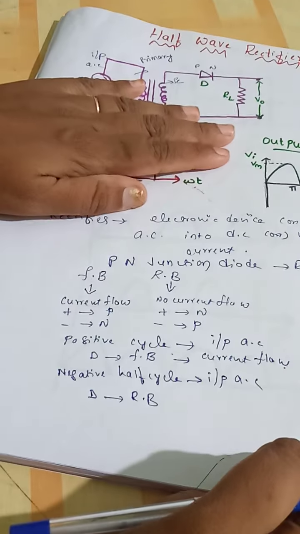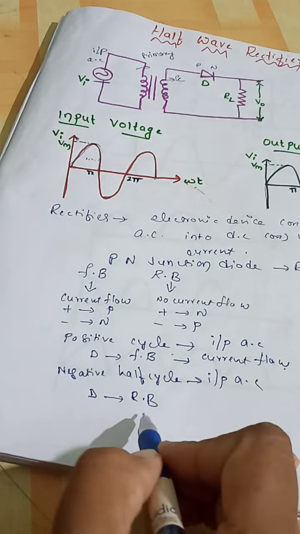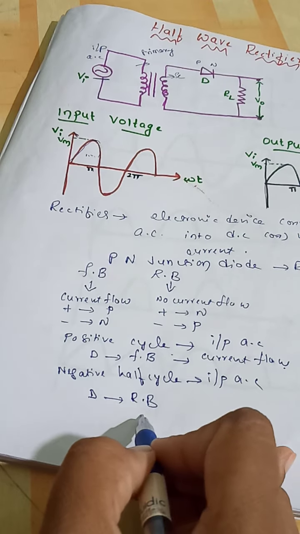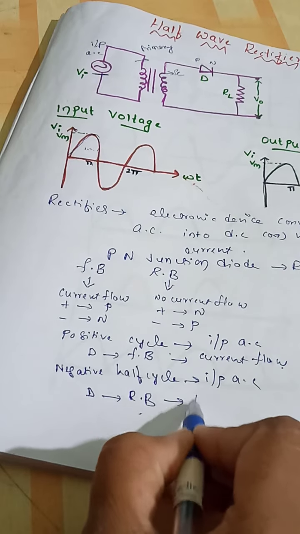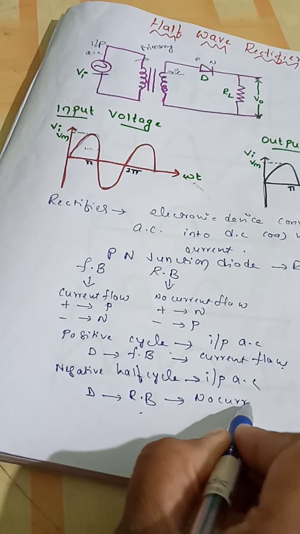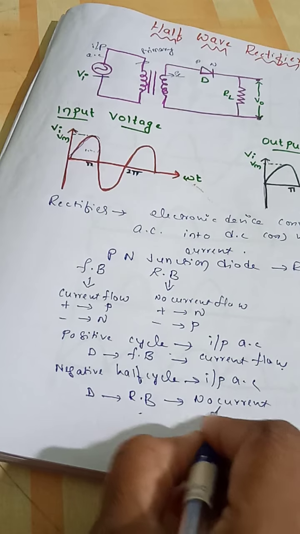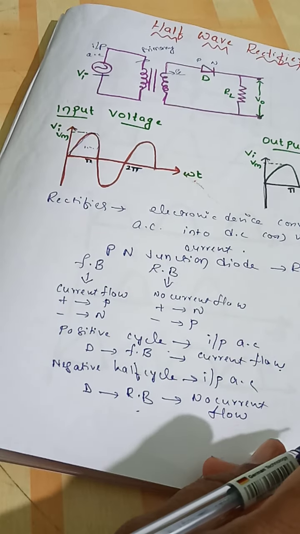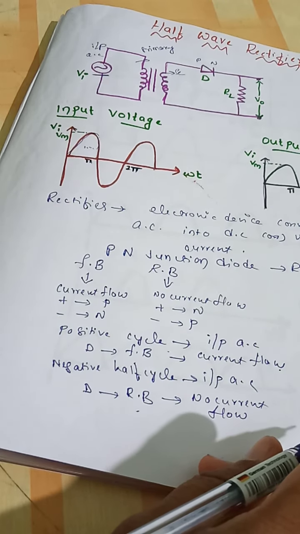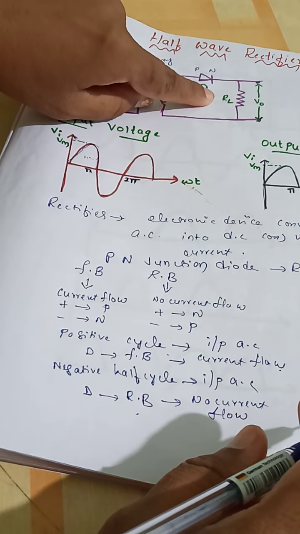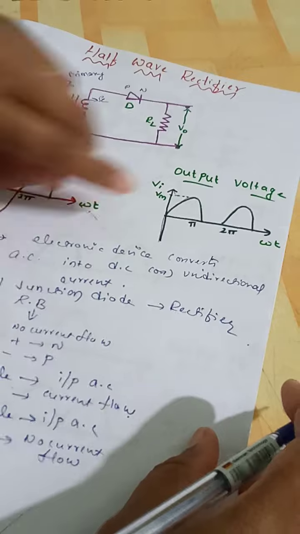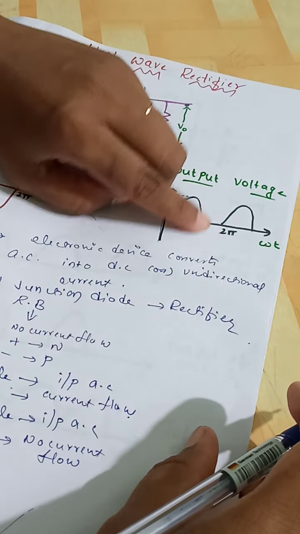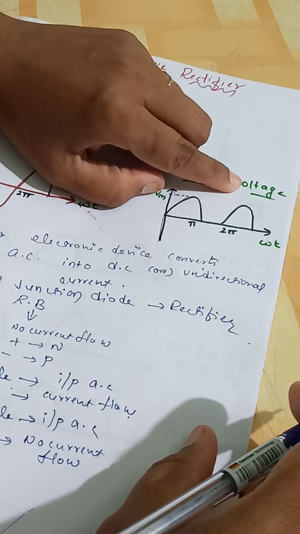Reverse biasing means, as I said, there will be no current flow. So we will not find any output along RL, the load resistor. So here we are not finding any output in the negative cycle.